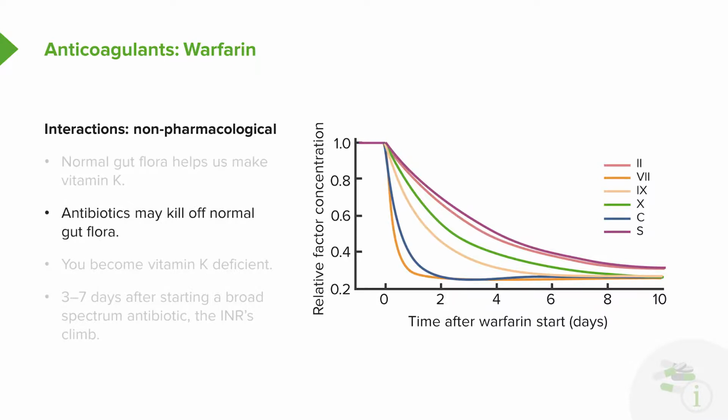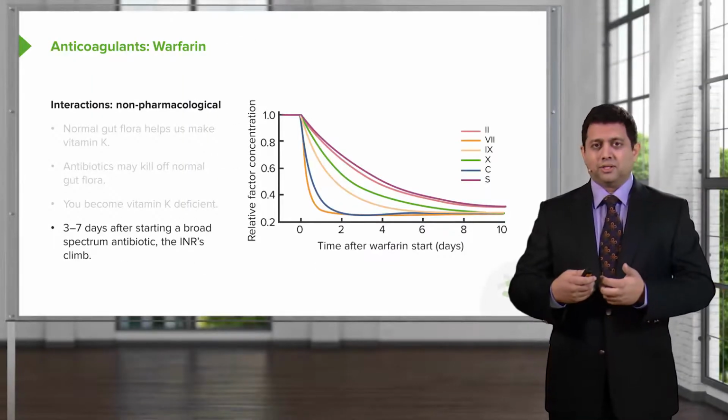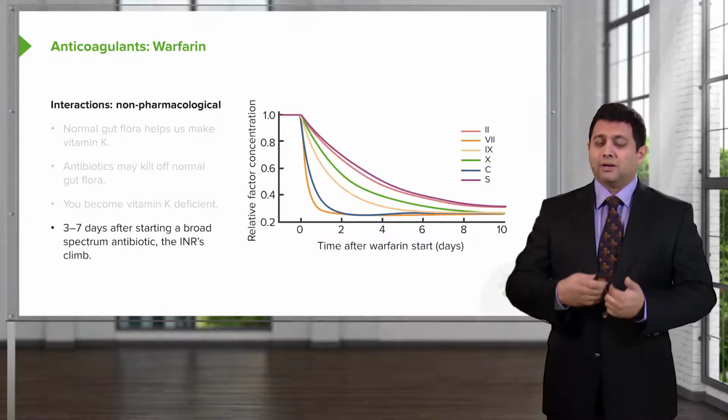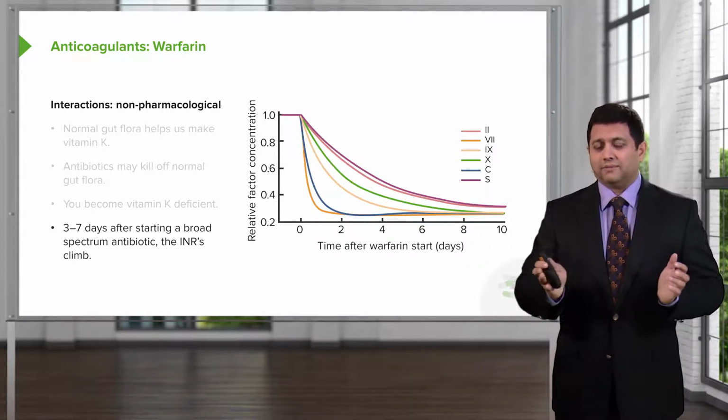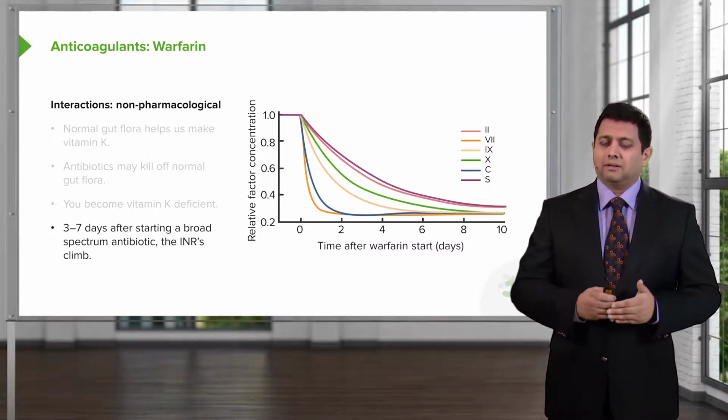If we give a patient antibiotics, we may kill off some of these bacteria, and therefore you have lower levels of vitamin K. When you have lower levels of vitamin K, you don't produce clotting factors as quickly. So often, 3 to 7 days after you start a broad-spectrum antibiotic, the INRs start to climb. So it's very important, if you have patients on warfarin, you monitor the INRs about once a month if they're stable, but as soon as they're started on an antibiotic, you have to monitor them once a week.